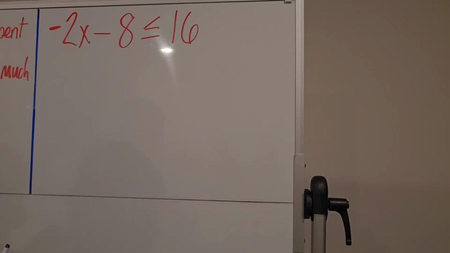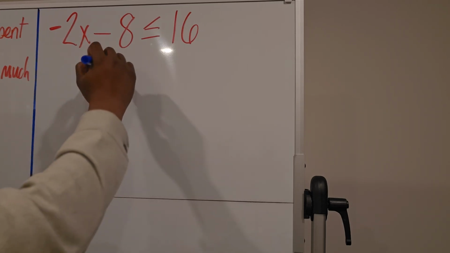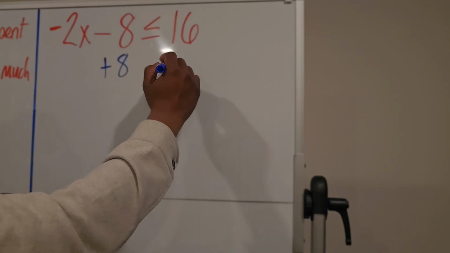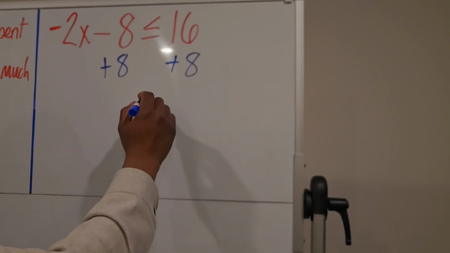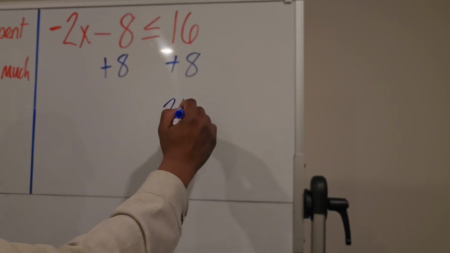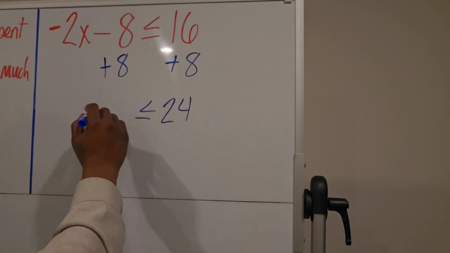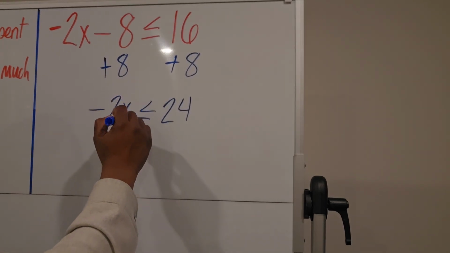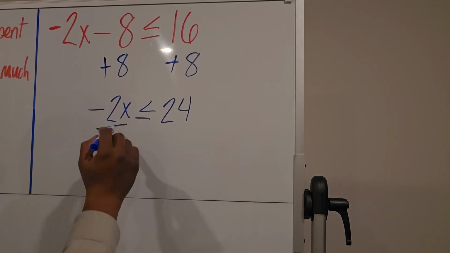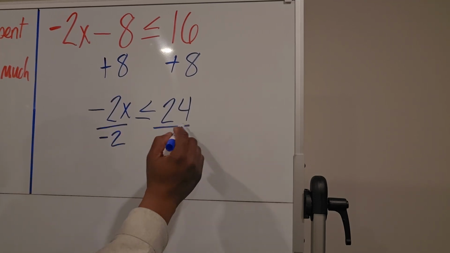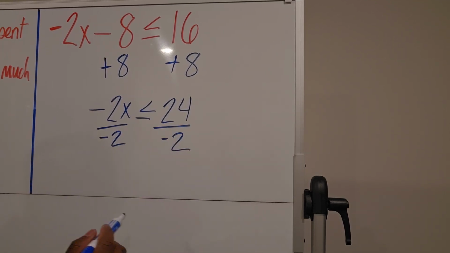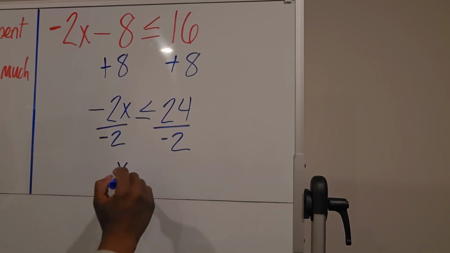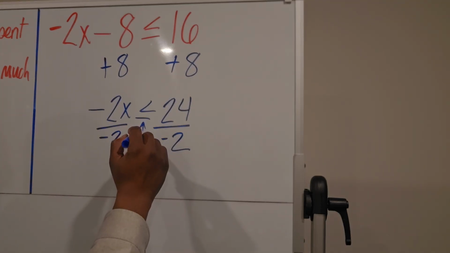If that number is a negative, okay, and then you add 8 to both sides, and then that becomes 24, negative 2x. If you divide by a negative number, this sign flips.